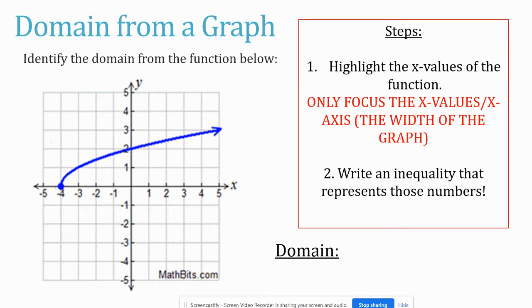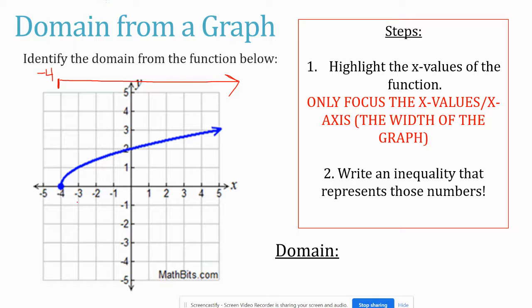Okay, so we have our starting point here, which is -4, closed circle. So we have -4, and then we see that it's going to keep going on and on and on. So what that means here is this domain is represented by all the numbers that are bigger than -4, including -4. Okay, so every single number that's bigger than -4 past 5, because we have that arrow, so 6, 7, 10, 20, a million, those are all part of this domain.